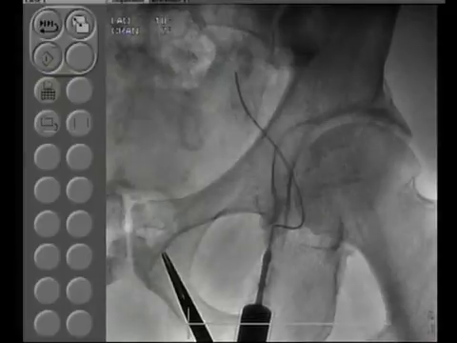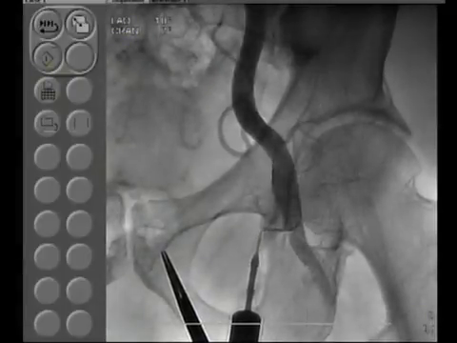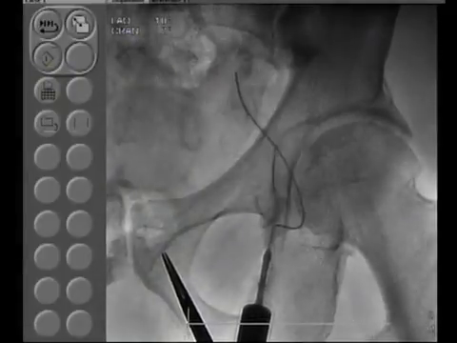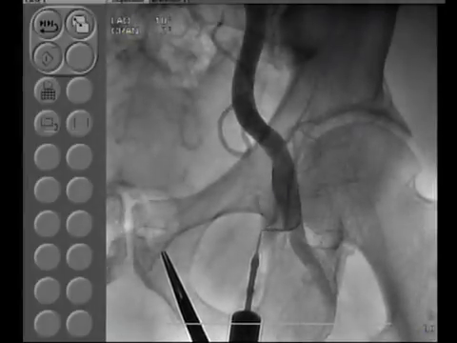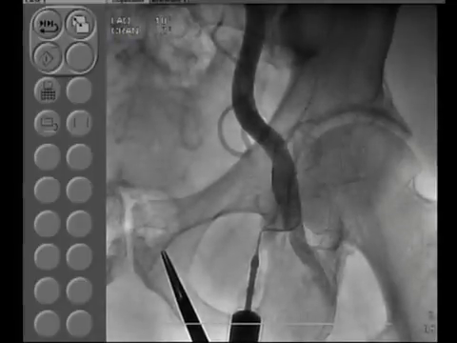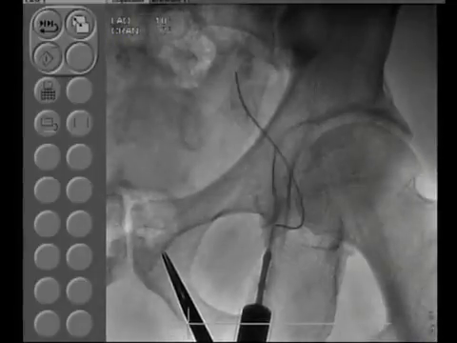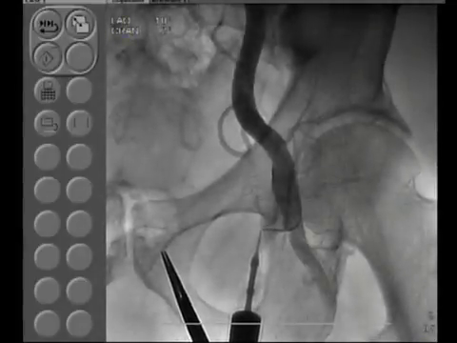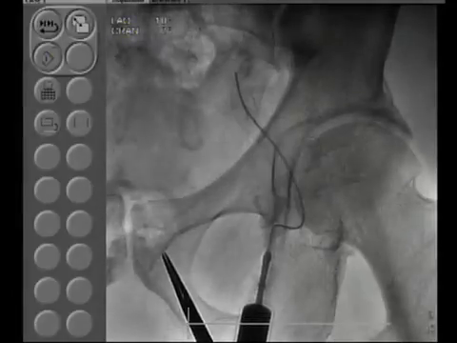Just to go over the first step, which is even getting access in this particular patient. Knowing that he has been an ex-smoker and has peripheral vascular disease, his pulse on the right side was weak, so we did go on the left side.